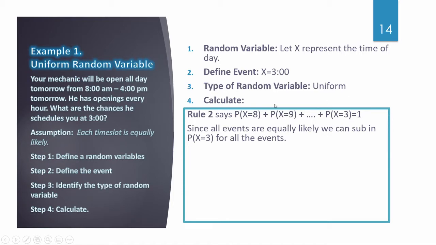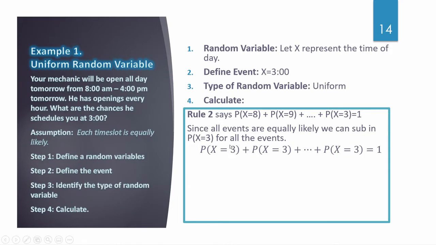That is, the probability that I get any time slot is exactly the same, which means I could take this equation that I have here, P of x equals 8 plus P of x equals 9, and substitute in P of x equals 3 for every single one of these events.